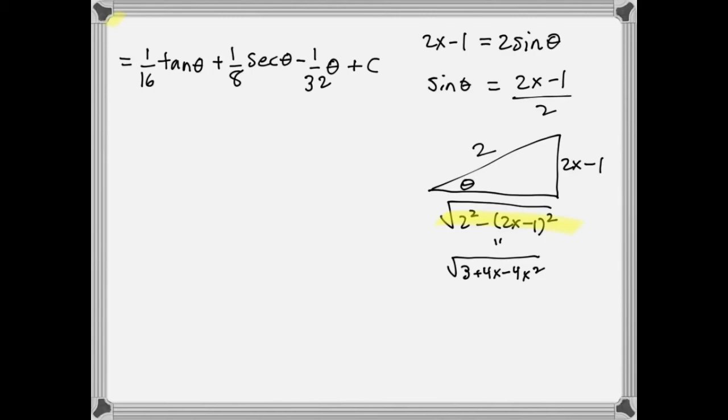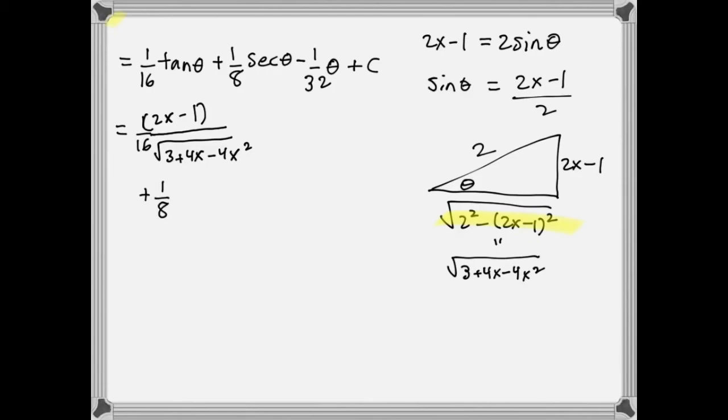But I can write what all of those are according to my triangle. So I have 1 over 16 times tan theta. Tangent, remember, is opposite over adjacent. So that's going to be 2x minus 1 over that radical. And then plus 1/8 times secant.